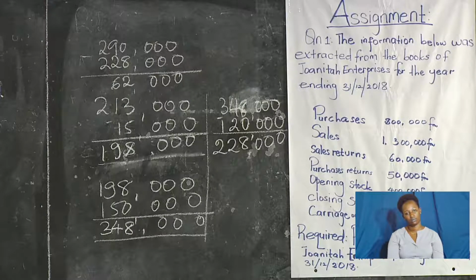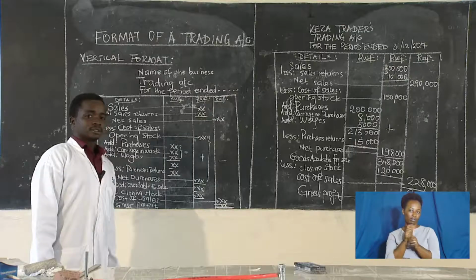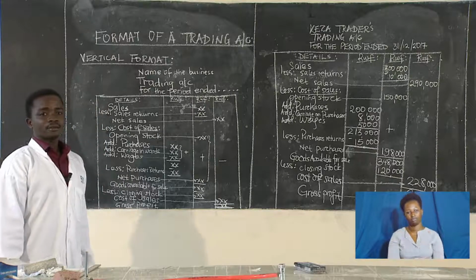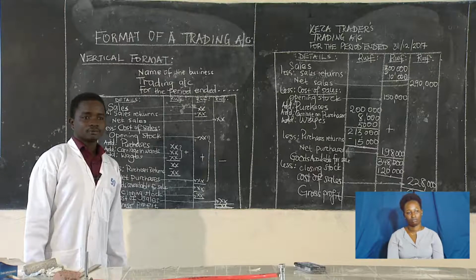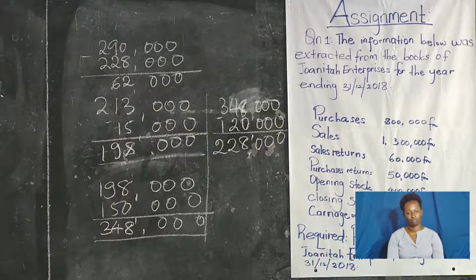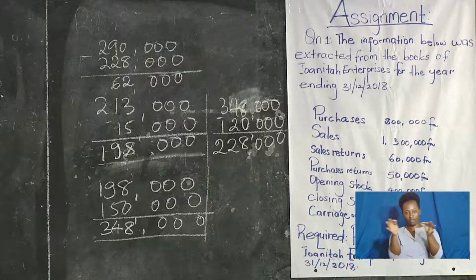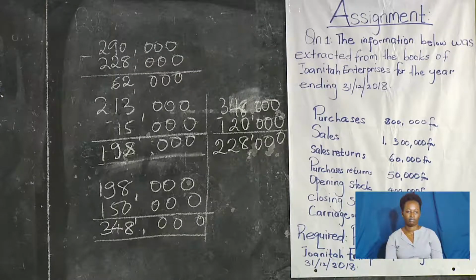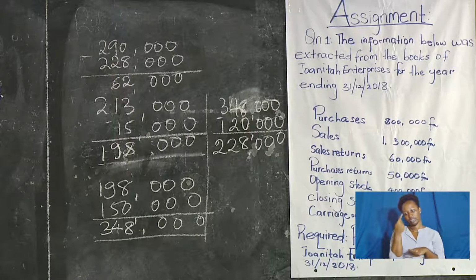Put your assignment down quickly and make sure you try it. So that is a trading account with vertical format. It is not hard. You have to practice it. Then you will understand it or you will find it easier.